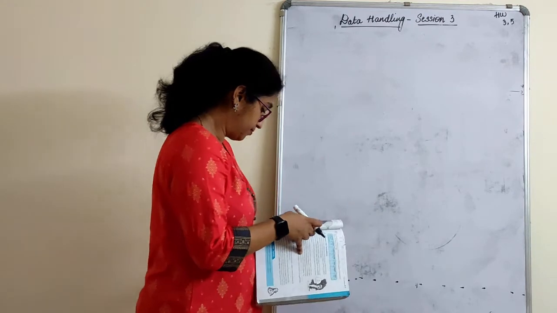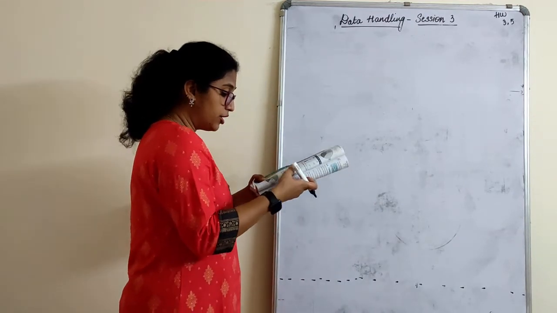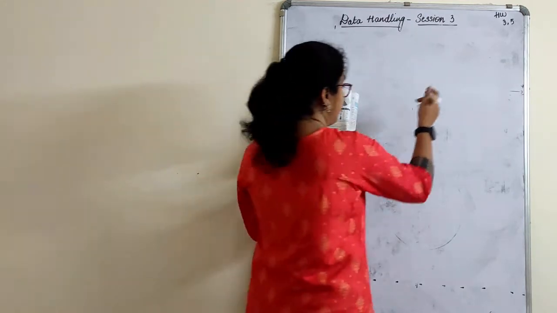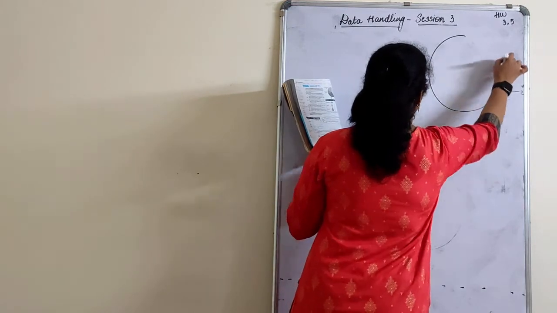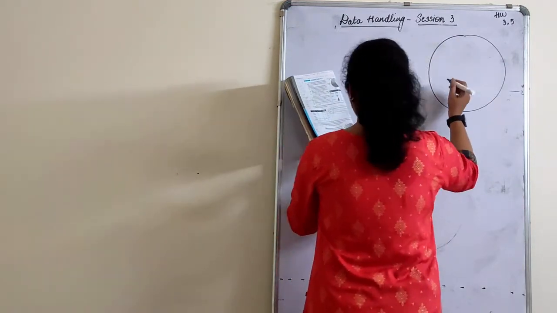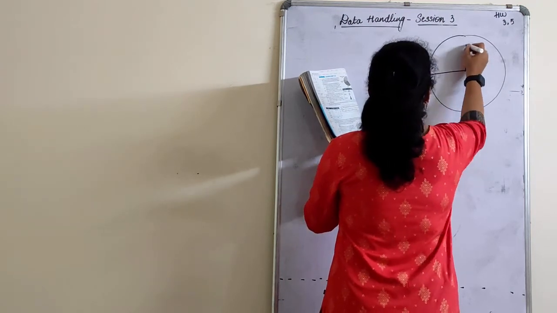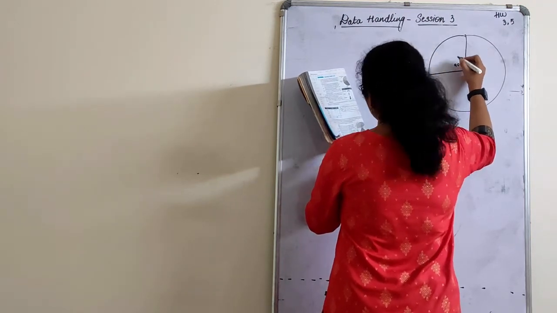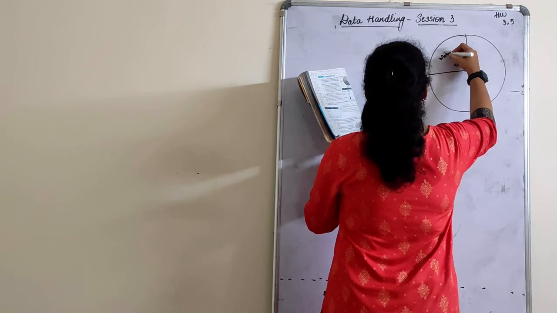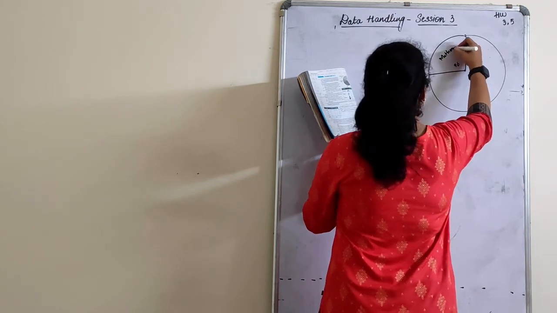Okay. So the adjoining pie chart. So let's have a pie chart accordingly to what they have given. This is the pie chart. So center of a circle. This is 90 degree. This is mathematics.